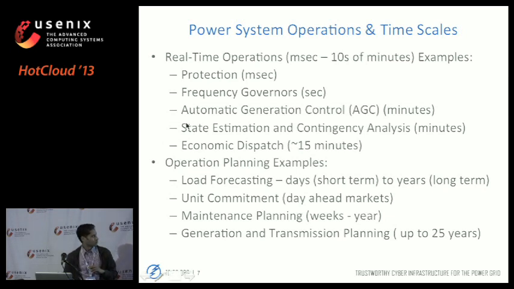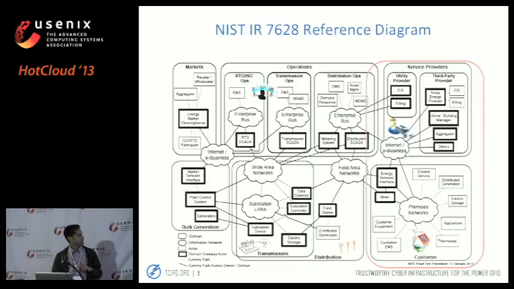So what we are looking at is open loop, which is human in the loop: state estimation, economic dispatch, forecasting, and unit commitment. They're still real time, within minutes to sometimes hours, and especially marginal pricing. We believe they could benefit from moving to the clouds. That's our supposition, and then we are looking at the benefits and challenges in doing so.